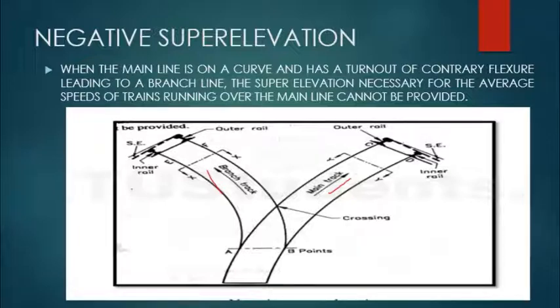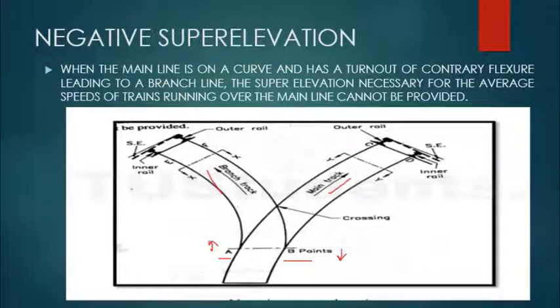You can see in this figure, AC is the outer rail, and it will be higher than the inner rail BD. Or in other words, A should be higher than point B. Here the elevations of A and B are different. A will be higher and B will be in the lower position.